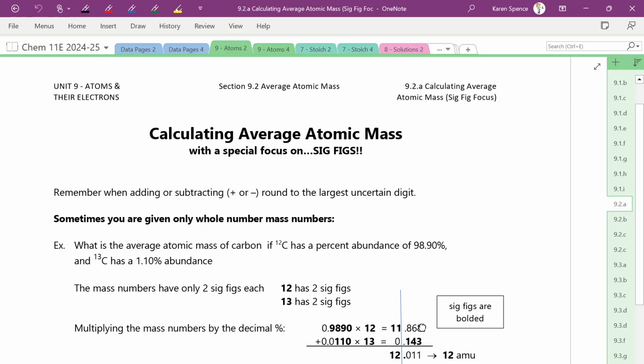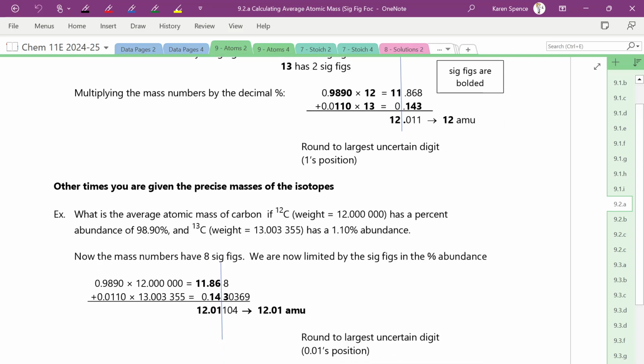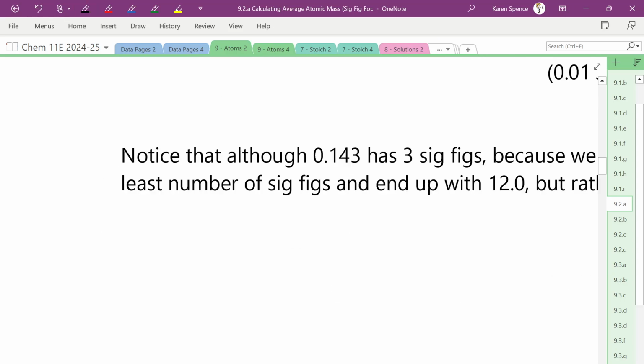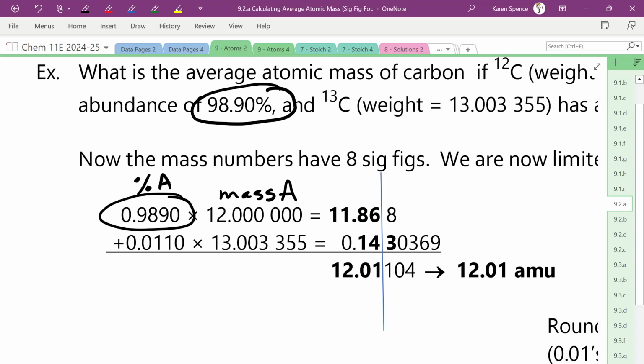Finding the average atomic mass, you said, oh, hey, we have a percent of isotope A and the mass of isotope A. So this is the percent of A, and this is the mass of A. Yeah? This is on page 40. So these were the ones that you mostly said you had thumbs up on, okay?